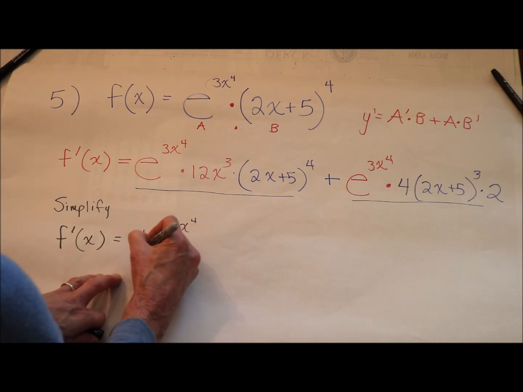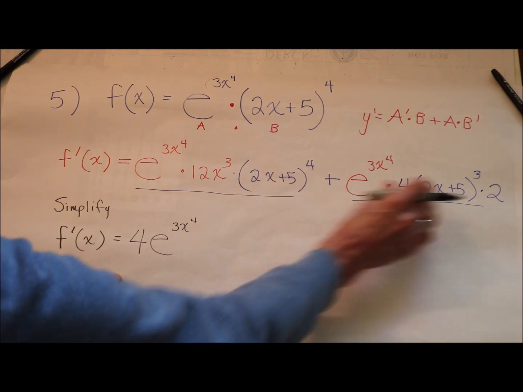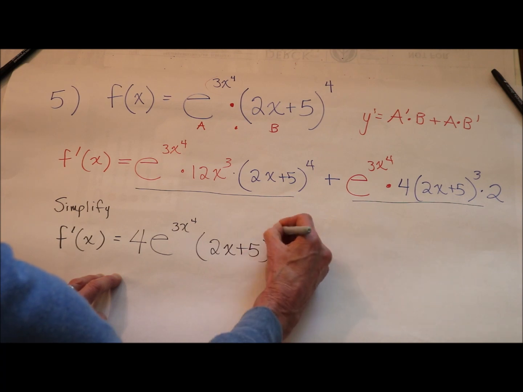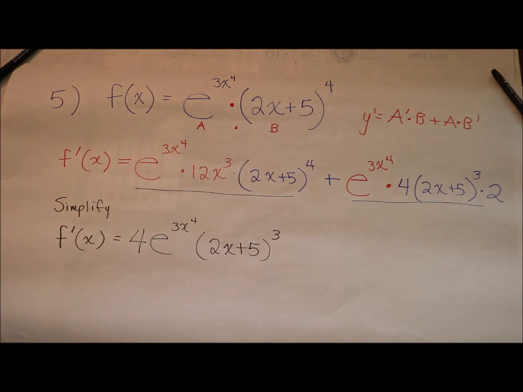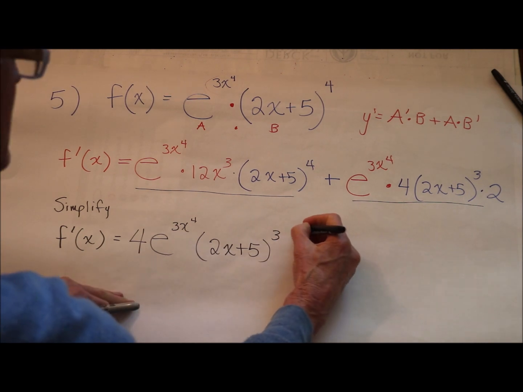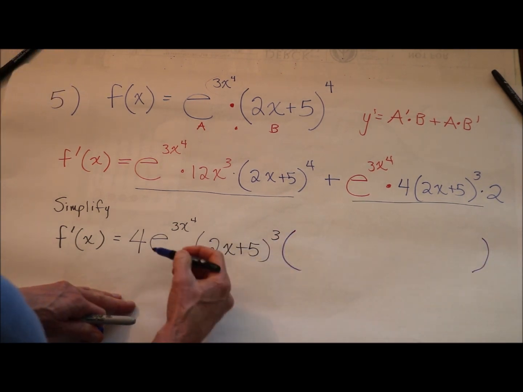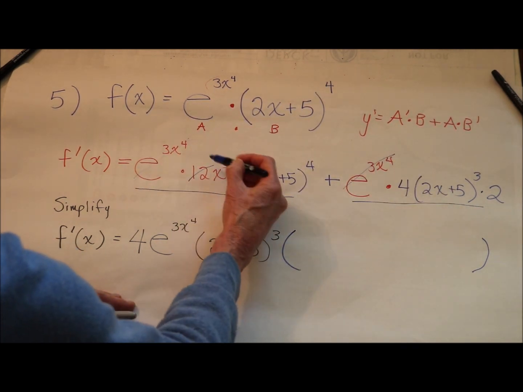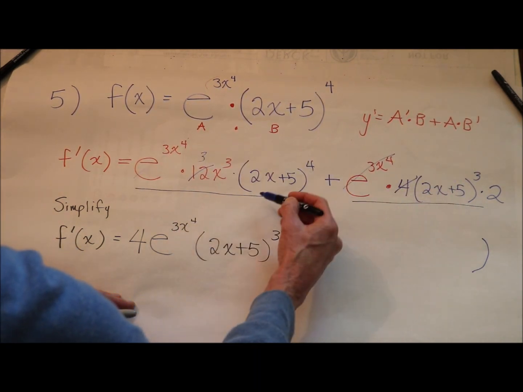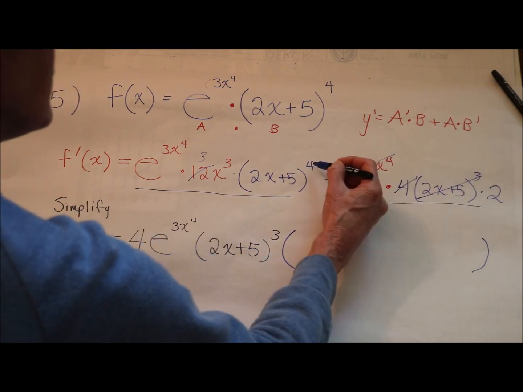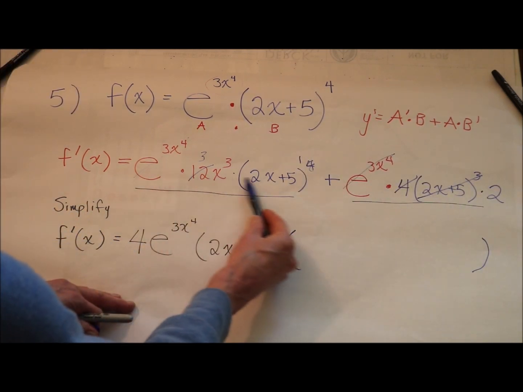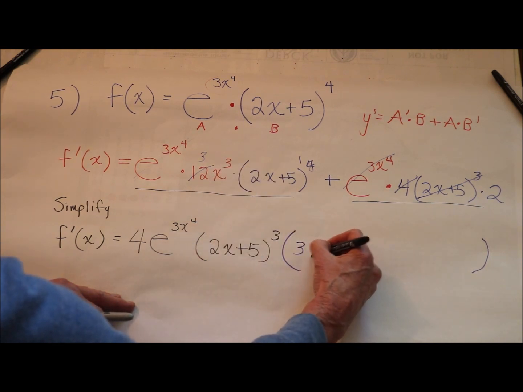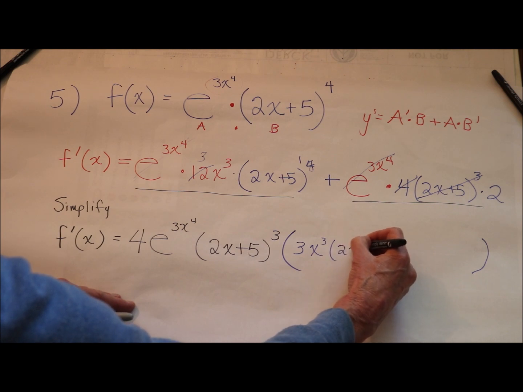I'm going to factor out a 4. And they both have 2x plus 5 to the 3rd in common. So this is a GCF. Big parentheses for the leftovers. So let's see, I took that out. I took out a 4. I took out through all of those. So in this first term, I have a 3 left. I have an x cubed left. And I have a 2x plus 5 left.